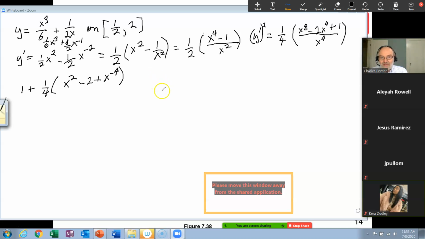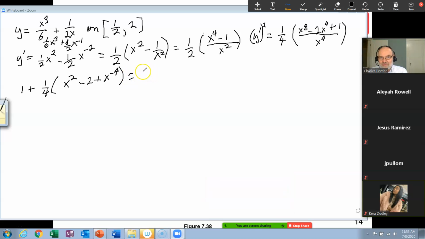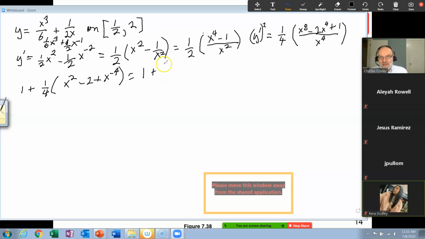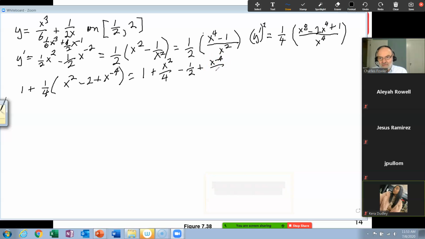What I'm going to do here is rewrite that a little bit. 1 plus x squared over 4 minus 1/2. 2 over 4 is 1/2, plus x to the minus 4 over 4. That's a pretty ugly 4.